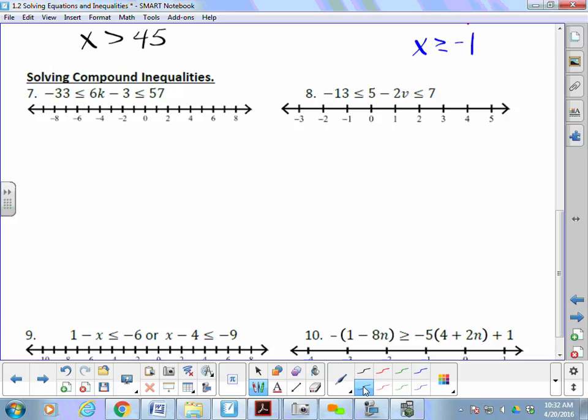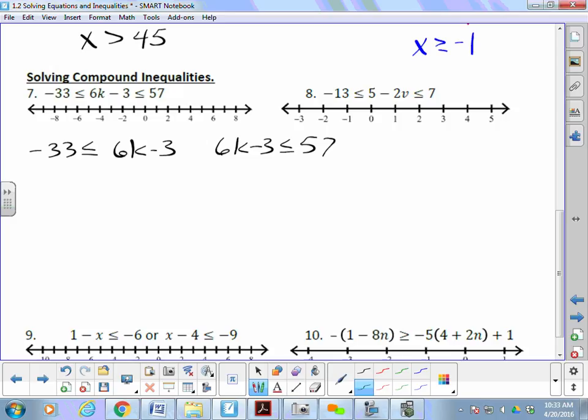So I'm going to do negative 33 is less than or equal to 6k minus 3. And I also need to do 6k minus 3 is less than or equal to 57. You need to solve both of these statements. Don't think that is one single statement. It's actually two of them that you need to solve.